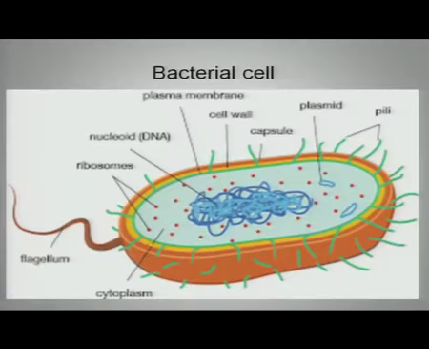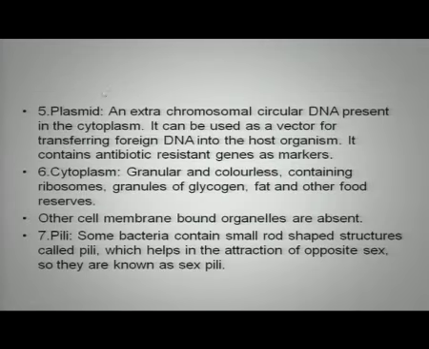Here you can see the structure of the bacterial cell with the different protective layers, the nucleoid structure, cytoplasm, pili or even sex pili, flagellum, all structures. A plasmid is an extrachromosomal, circular DNA that is present in the cytoplasm of the cell.